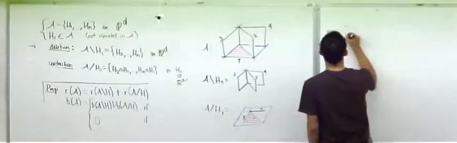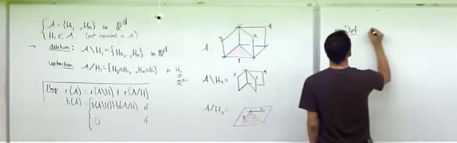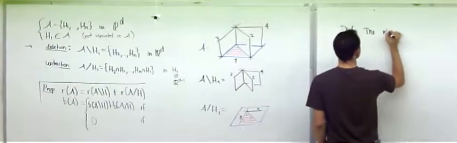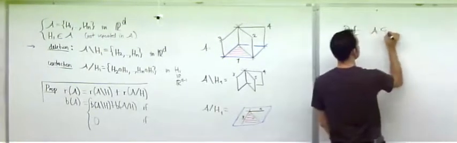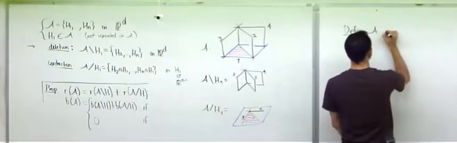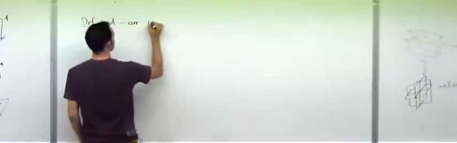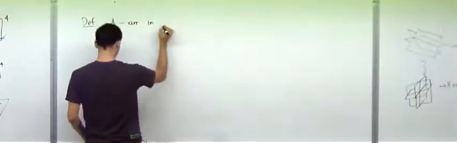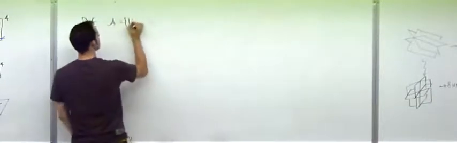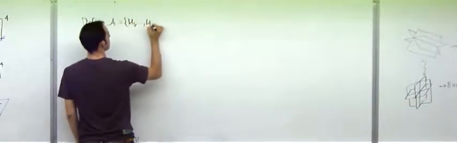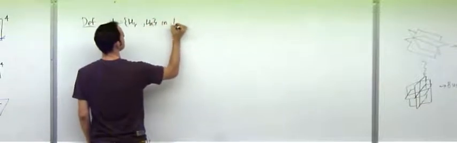So let me make a definition of the rank. If you have an arrangement A, let's give it names: A is H1 up to Hn in R^d.